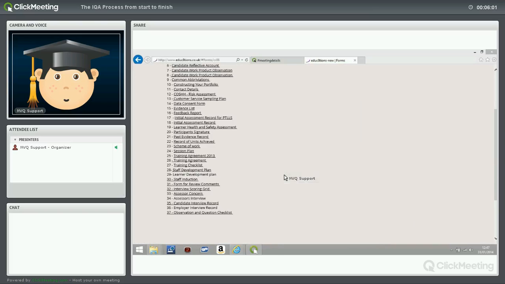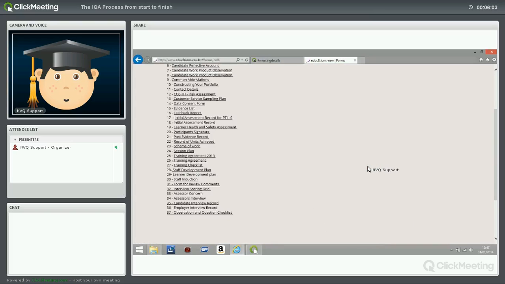For some reason, that's not going to happen. Okay, the observation and questioning checklist sheet, I'll get that fixed today, is literally them observing you with a candidate, and they'll give you feedback.